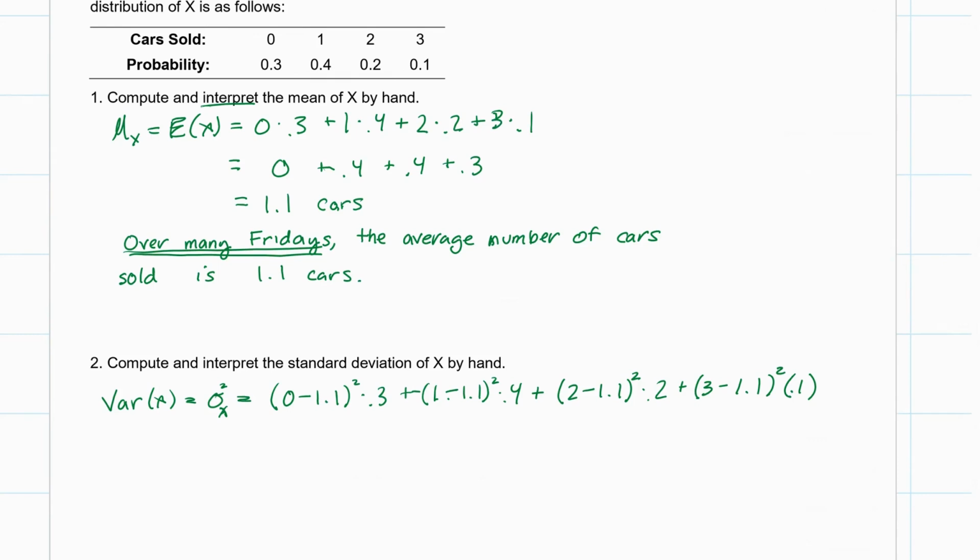Let's see, I got 1.1 squared. I think that is 1.2. We're going to multiply that by 0.3. I've got negative 0.9. No, sorry, negative 0.1 squared. Well, that's 0.01 multiplied by 4, 0.4. 0.9 squared is 0.81 times 0.2.